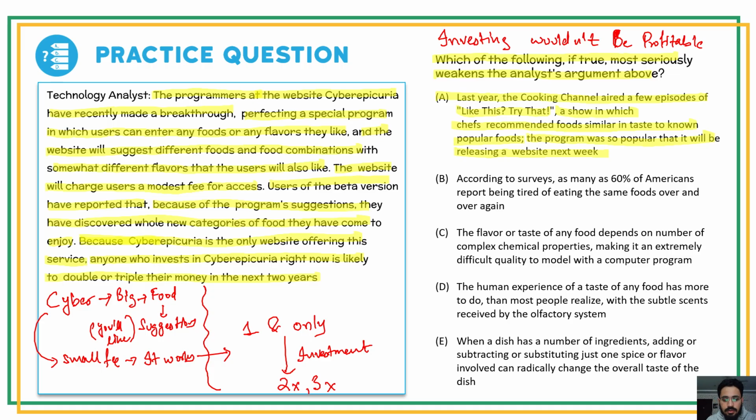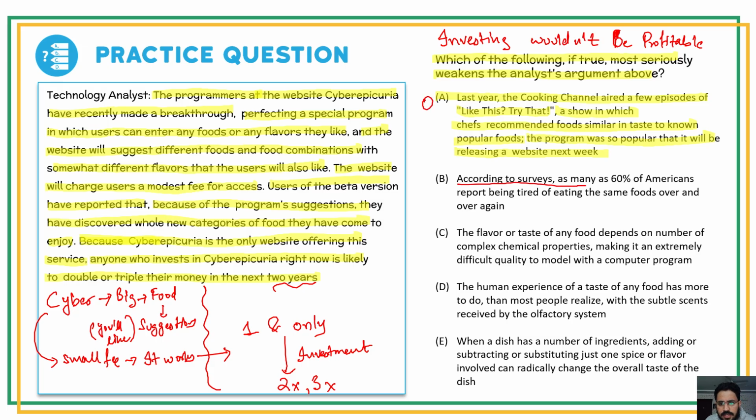Yeah, if I'm an investor, that makes me a little leery of the claim that you're going to double or triple your money in the next 2 years. Because there's another similar thing coming up, and you are telling me that because it is the one and only, you're going to double or triple your money. But guess what? There's something similar coming. So it's a very strong option, probably the correct one as well.